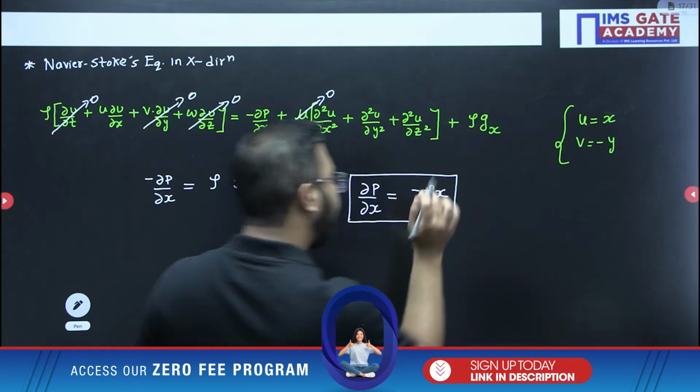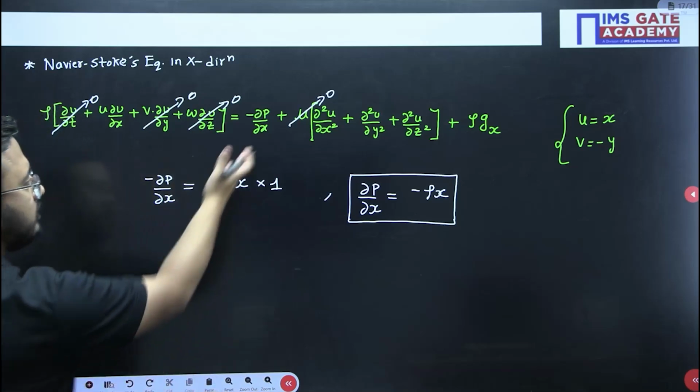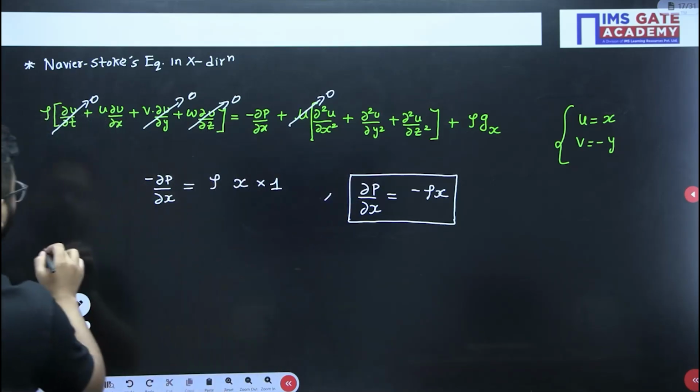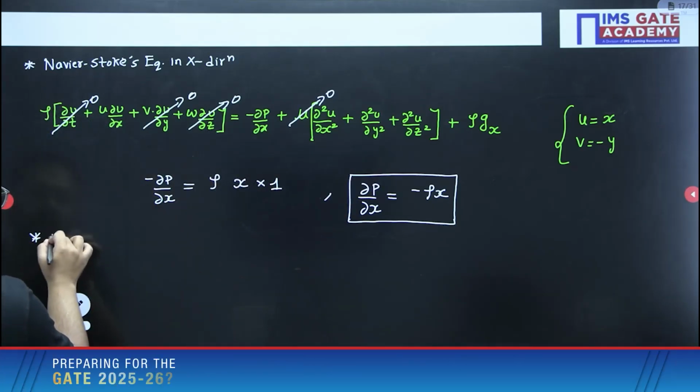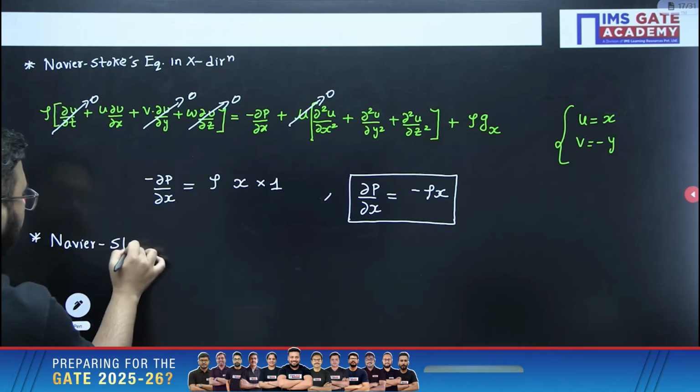In the same way, we will apply the Navier-Stokes equation in the y direction. As we all know, the viscosity terms are not there, so directly I can write the simplified form of the Navier-Stokes equation in the y direction.